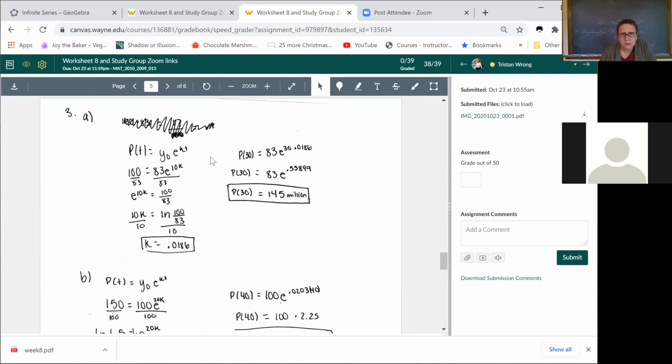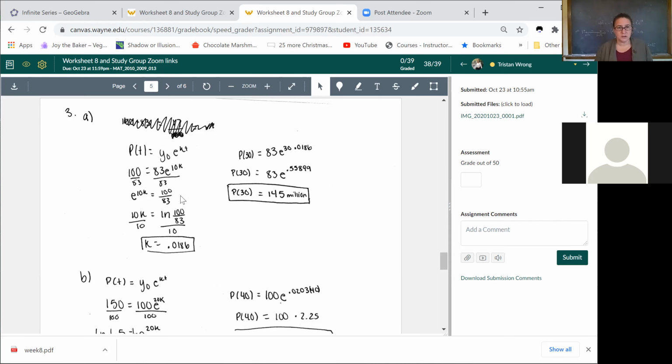Oh, okay, here it is. So the information that they gave you, so they said for A, you start with the data from 1950 and 1960, right? So what she did here was she didn't write it down entirely, but she let T equal 0 at 1950. That means that the original population is the population at 1950, which is 83.